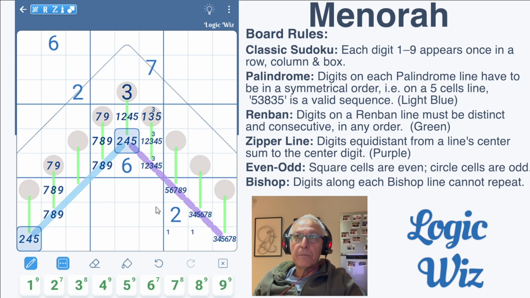Okay. So 2 cannot be here. 2 cannot be here. 2 must be in one of these 3 cells here.